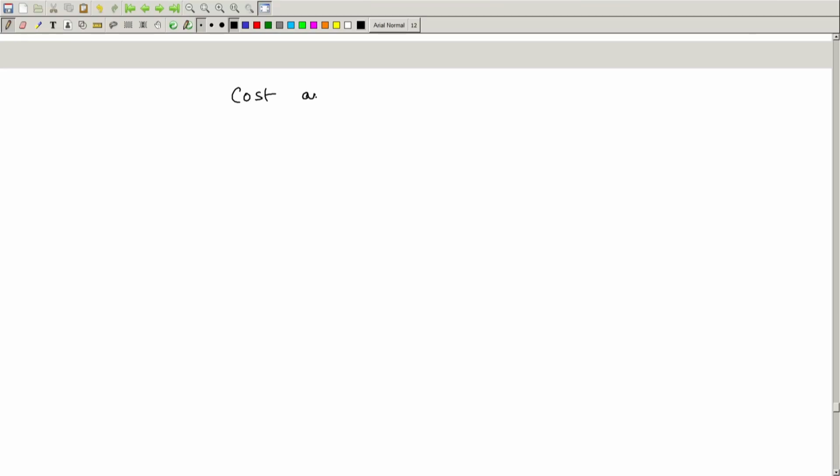Okay. So, the other related concept that I want to talk about now, and which is sort of the main purpose for doing this example, is this notion of cost and cost minimization. Okay. So, this is the fundamental point of producer behavior, right.